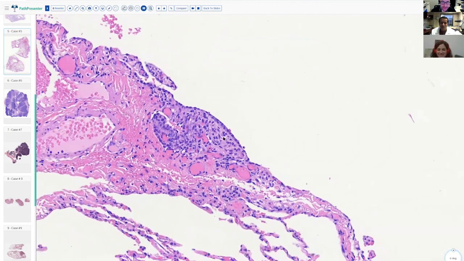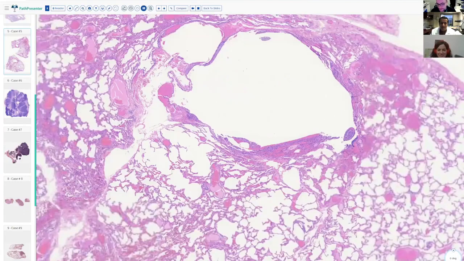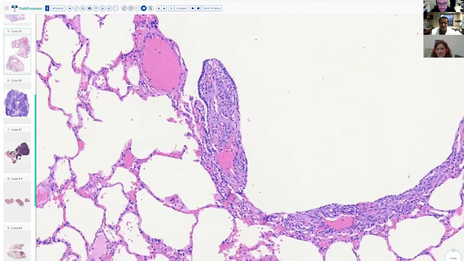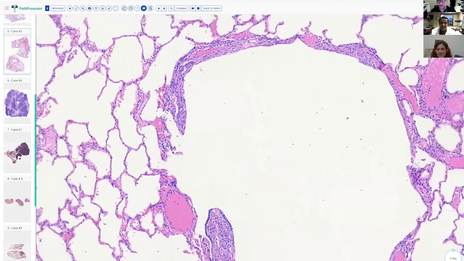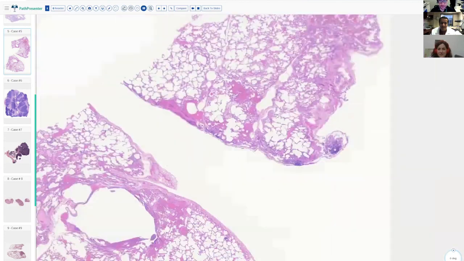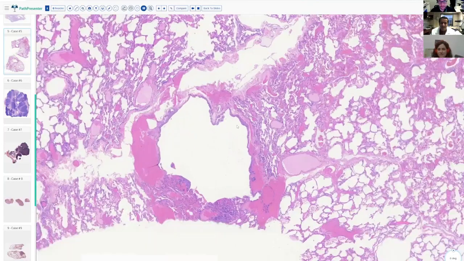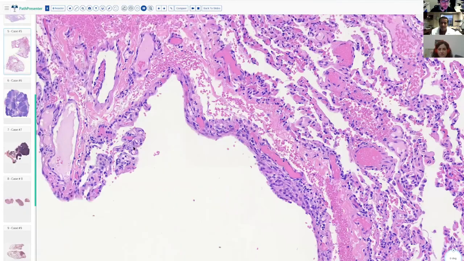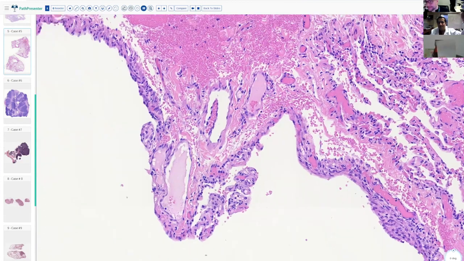So there are areas that look like that, and then I think there are some in this one as well. And then I think there's another cyst over here. Sorry, I'm moving around a fair bit. So what do you guys think? LAM. Yes, perfect.